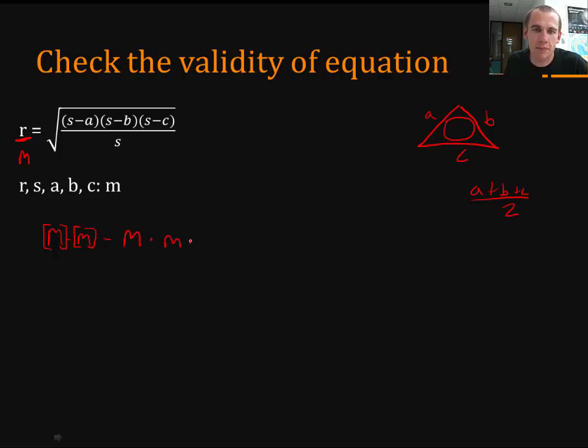S minus C, a meter for that. And then S, which is still length, is also in meters. So this meter will cancel one of those meters and I'm left with square meters. Okay, but this is all under the radical, which means square root that. So if I square root a square meter, I'm left with just a linear meter. And so I do have meters on the right and meters on the left.